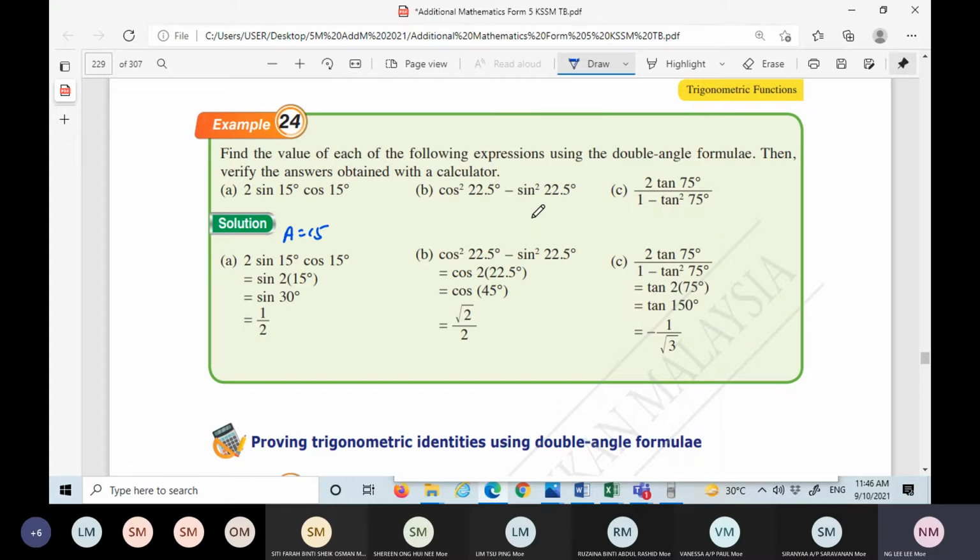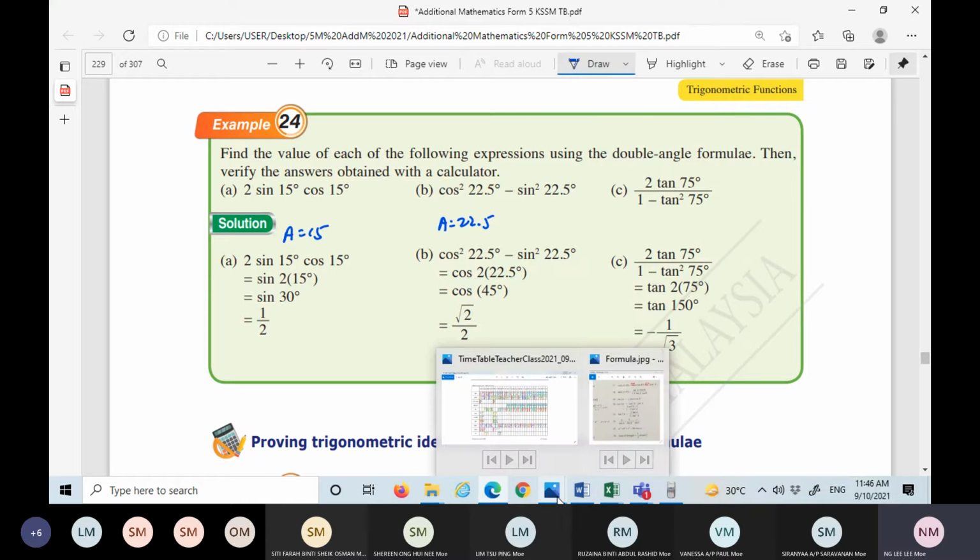How about the second one? You let this 22.5 be the A. Let us see the formula.